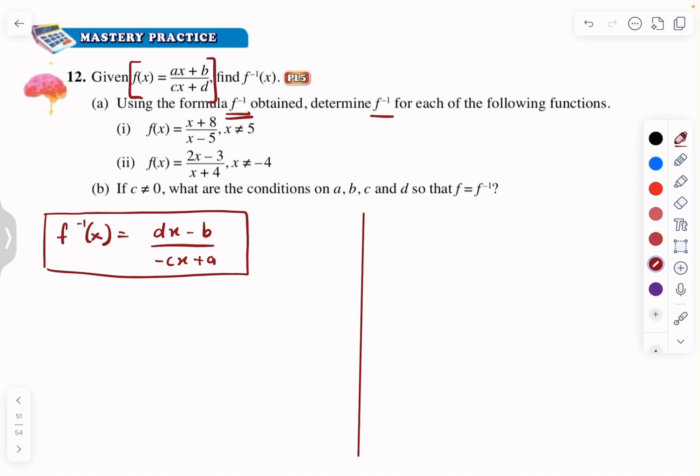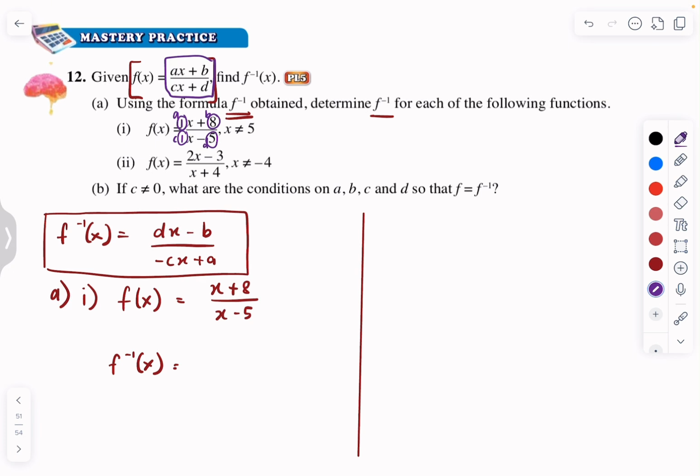Let's look at a(1). If f(x) is (x plus 8) over (x minus 5), f inverse will be what? Here we can compare with this function. So our a is 1, our b is 8, our c is also 1, and our d is 5.